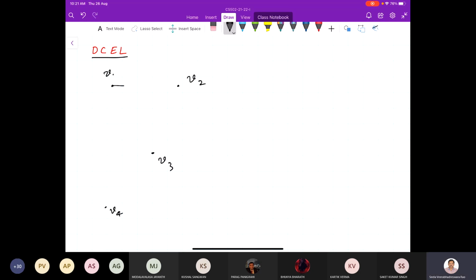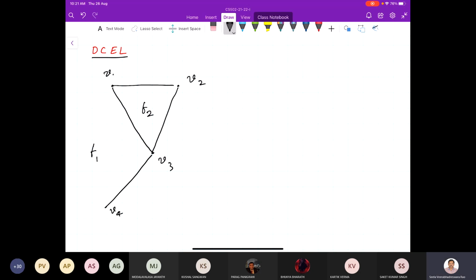And we have an edge, and this is face 1 and this is face 2. So basically the entire plane is divided into two regions, F1 and F2, by means of these four edges.